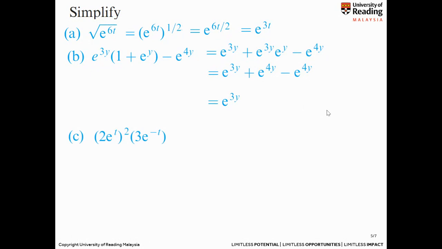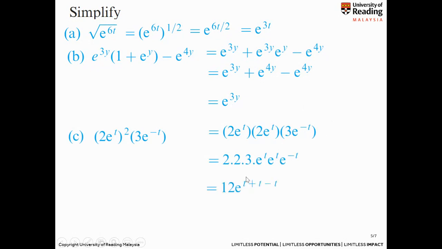Can you pause the video and do this? Let's check your working. This e squared, you can break it up this way, or you just apply the third law. So you expand: you get 2 times 2 times 3, then e to the power t times e to the power t times e to the power minus t.